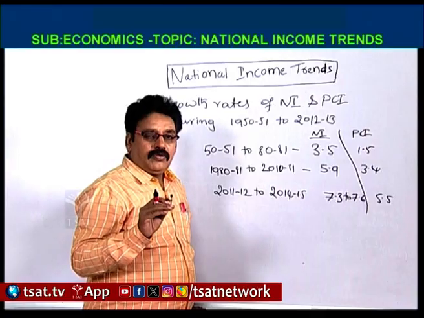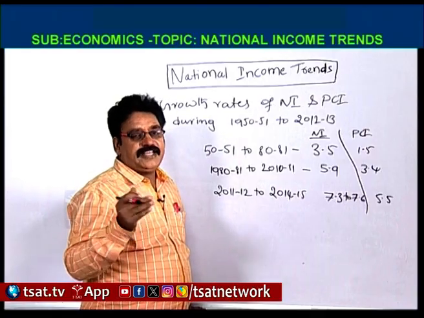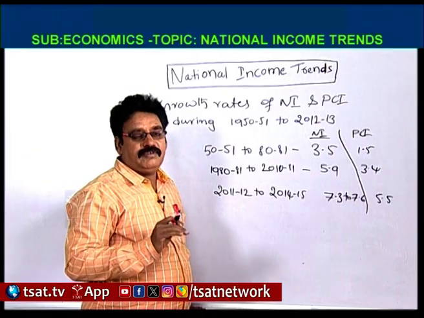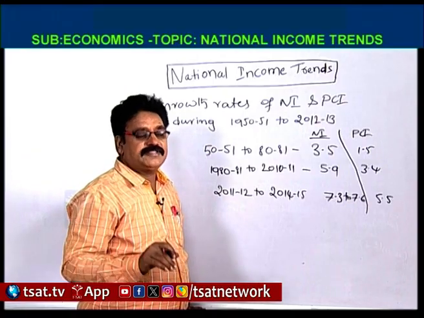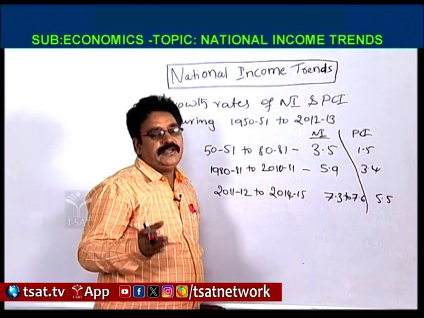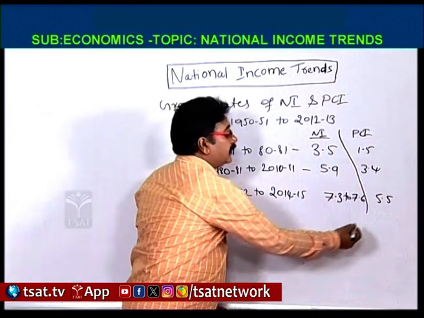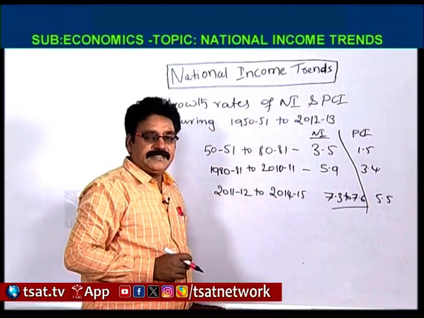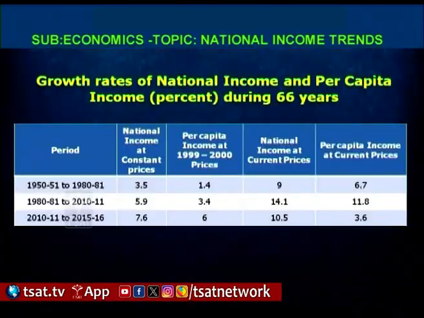After 1980-81 to 2010-11, in these 30 years, we sped up our growth rates. This is the policy taken by the government and implemented in the economic development process of India, and we are slowly increasing our growth rates. Now our growth rate is around 7.3 to 7.6, which is equal to developed countries' growth rates like USA and all developed countries.